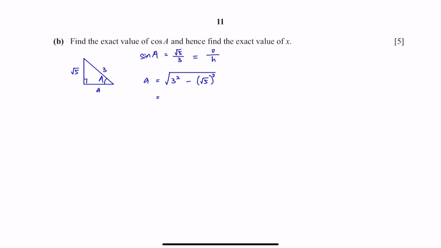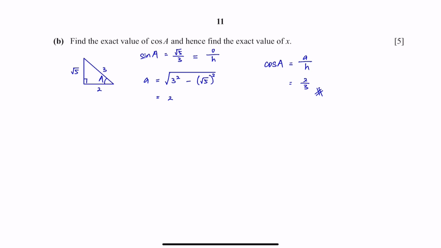So this would be equal to 2. Therefore, cos A would be adjacent over hypotenuse, and it would be 2 over 3.